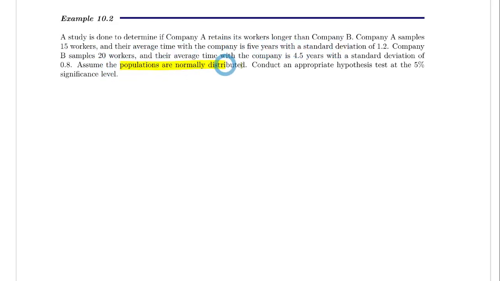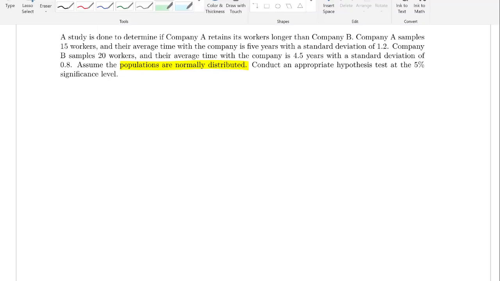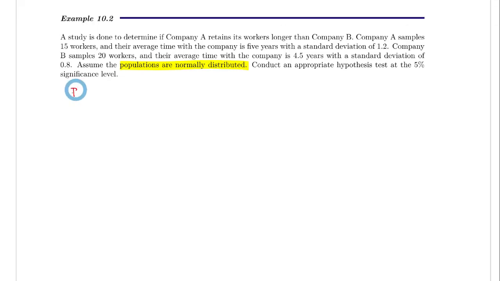I think the biggest red flag here is we assume that the populations are normal, because at that point our preliminary check is the sample sizes, which has 15 workers, and we have to make sure that is no more than 5% of all workers at the company.